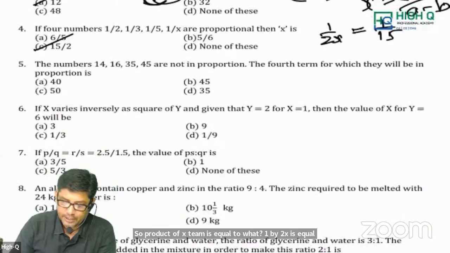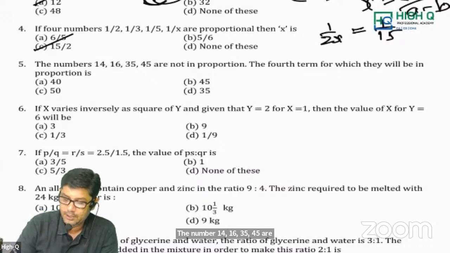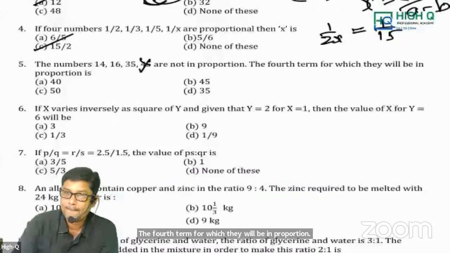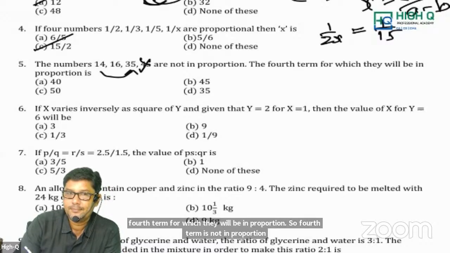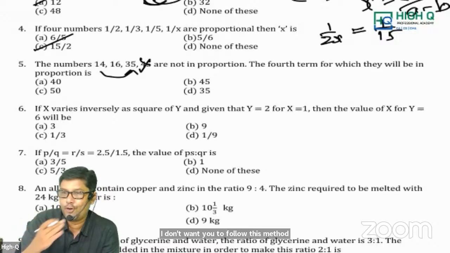The numbers 14, 16, 35, 45 are not in proportion. Find the fourth term for which they will be in proportion. See, 14 becomes 35 if I multiply it by 5 by 2.